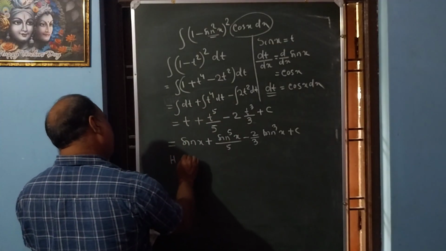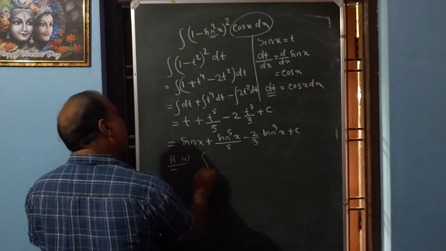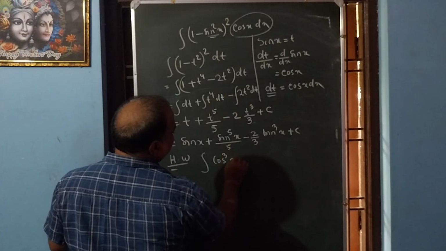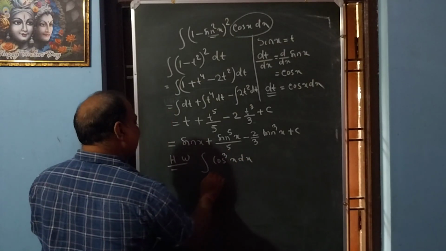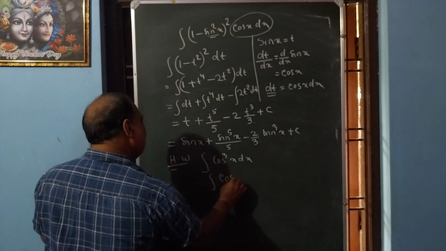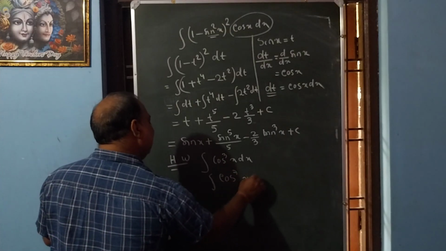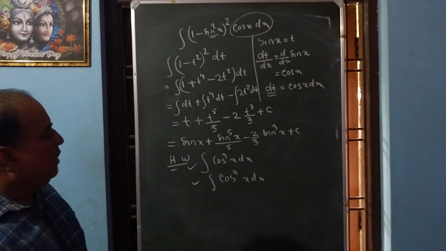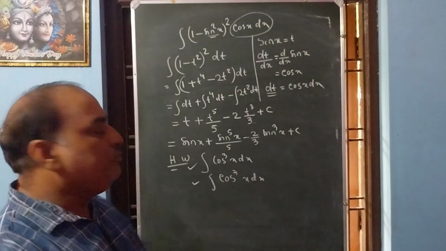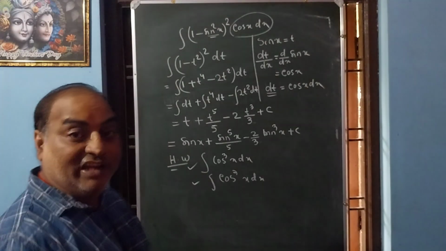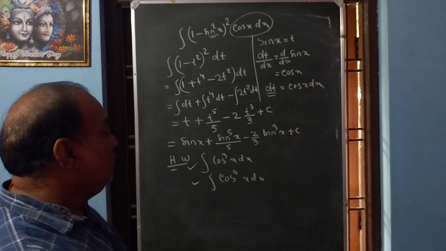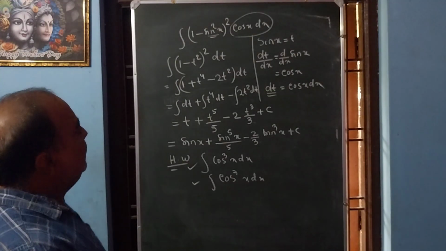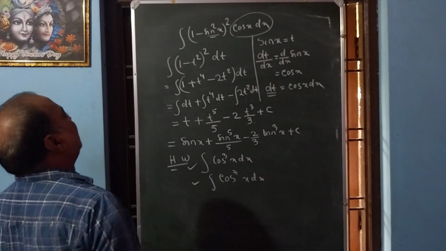You have to work out integration of cos^3 x dx and integration of cos^7 x dx. Okay, these are the two questions I am giving you to work out at home. If you face any difficulties, then you have to tell me. I will work out those problems particularly. Okay, next write down another type.